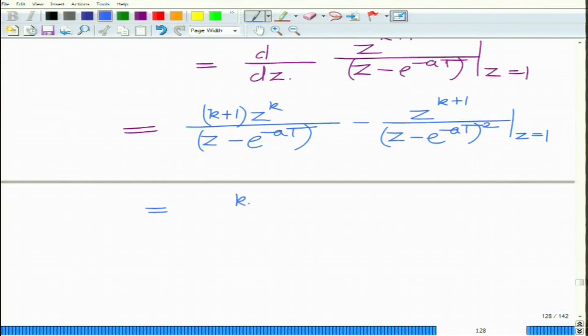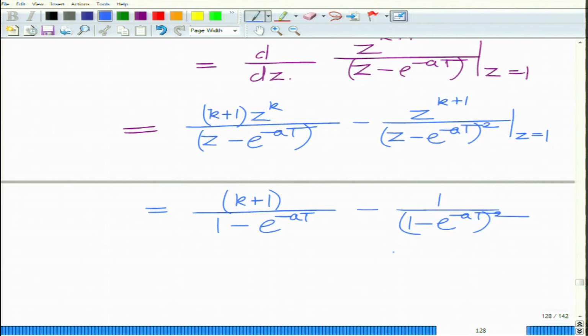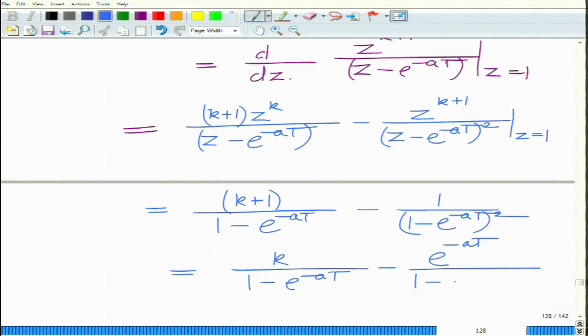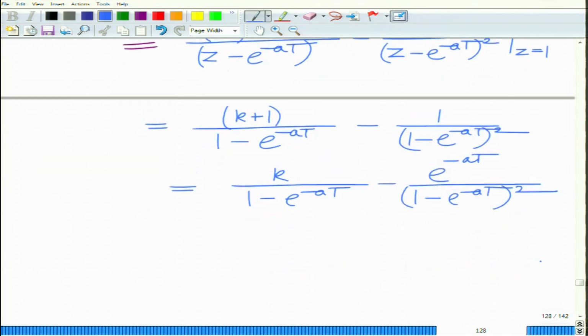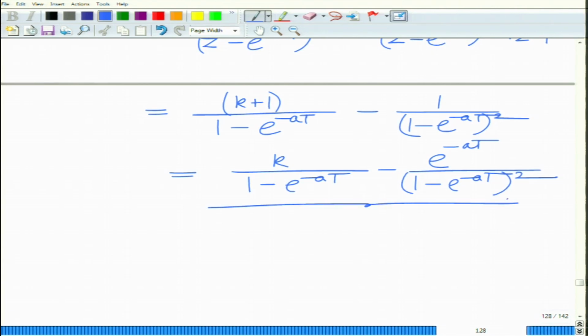Substitute z equal to 1. So, that gives us (k plus 1) over (1 minus e raised to minus a t) minus 1 over (1 minus e raised to minus a t) whole square, which you can further simplify as k over (1 minus e raised to minus a t) minus e raised to minus a t over (1 minus e raised to minus a t) whole square. Okay. So, this is basically the residue at z equal to 1.